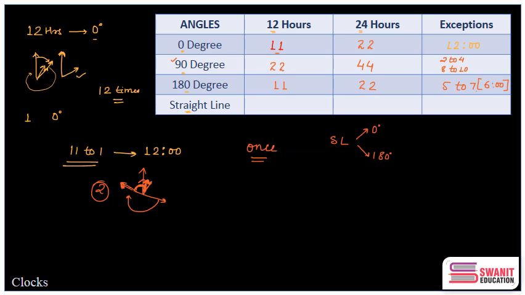Therefore, the answer for straight line in 12 hours will be a combination of these two data. Therefore, it will be 22 times, and over here in 24 hours it will be 22 plus 22, that is 44. Again, the exceptions will lie between 11 to 1 for 0° and between 5 to 7 for 180°.